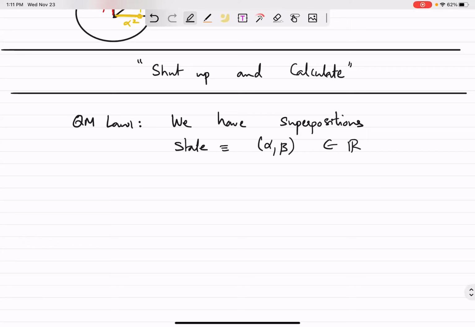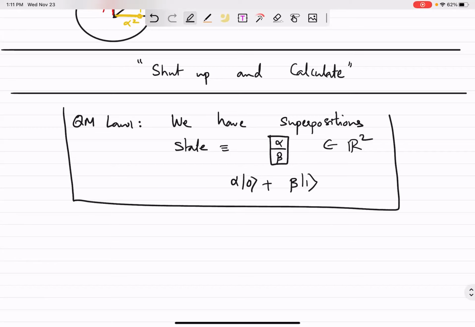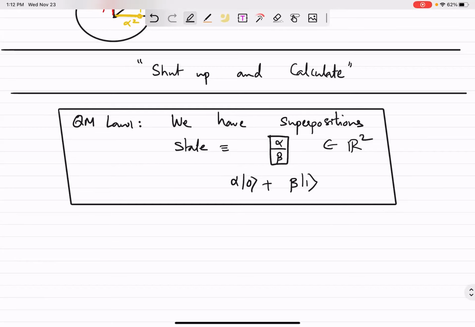These are 2 real numbers. You can think of them as a vector in 2 dimensions. You can think of them as alpha times 0 plus beta times 1. Both are equivalent, whatever is convenient for you.